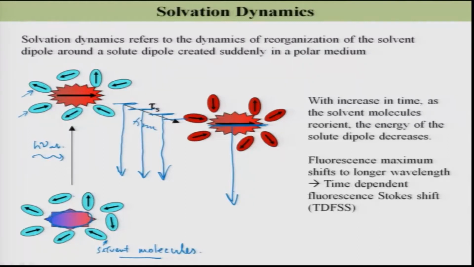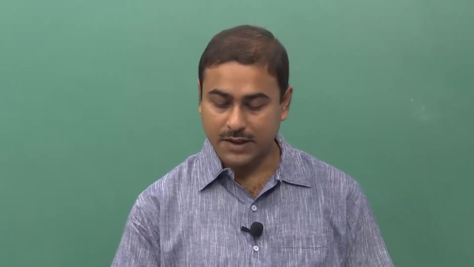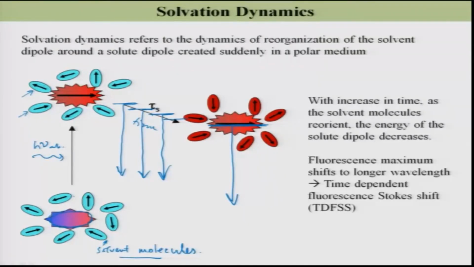So when you measure the emission spectrum of this solute molecule, you are monitoring the excited state of the species. The contribution from this state will be more, but the contributions of all these states will be there. That means it is the time integration of all these different emission spectra over time.